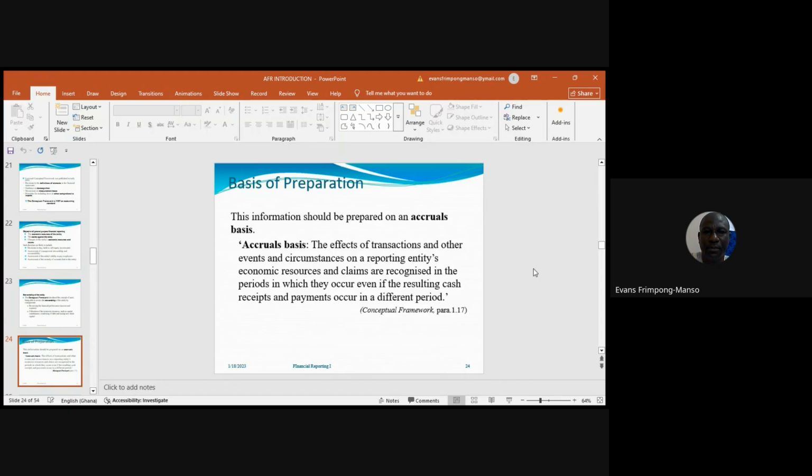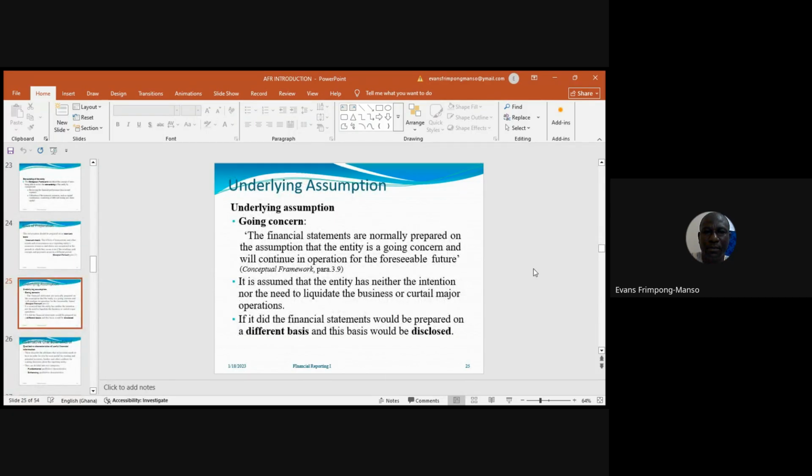It's because of this accrual basis that we have owings and prepayments. So whether you have paid for it or not, you are obliged as a liability, so you have to take it into consideration. That's the accrual basis.